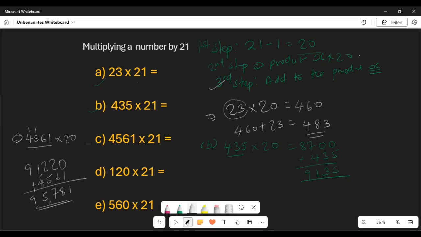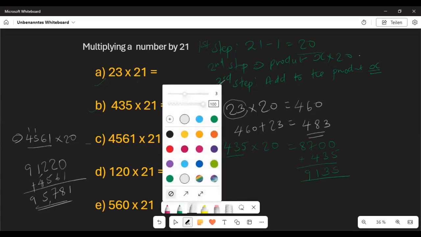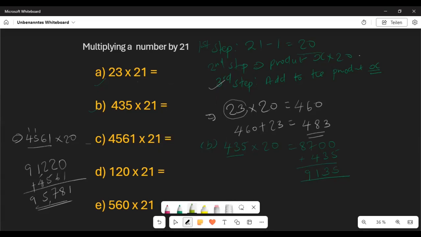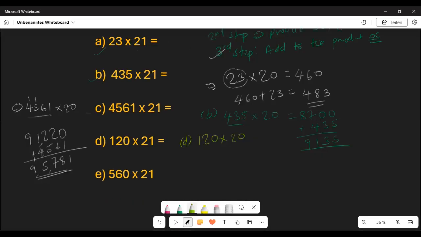So let's go to D. D is 120. In this case, it is so easy. We just basically say 120 multiplied by 20. What should that one give us? That's going to give us 24, and then we have 2 zeros.